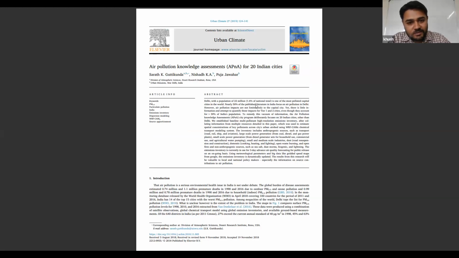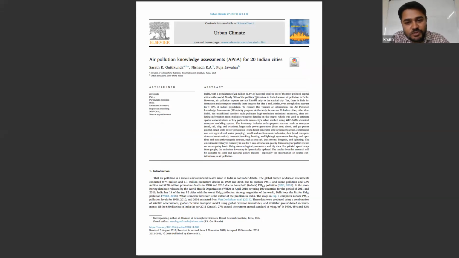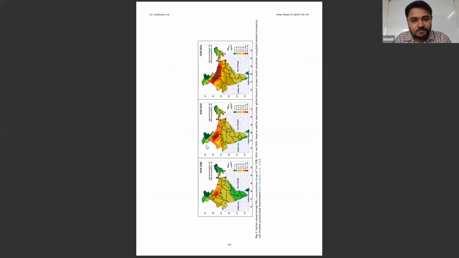Now, if you see the abstract of this research paper, it says that Delhi, with a population of 22 million, is one of the most polluted capital cities in the world, with nearly 50% of the population in Delhi. I'll go page by page.